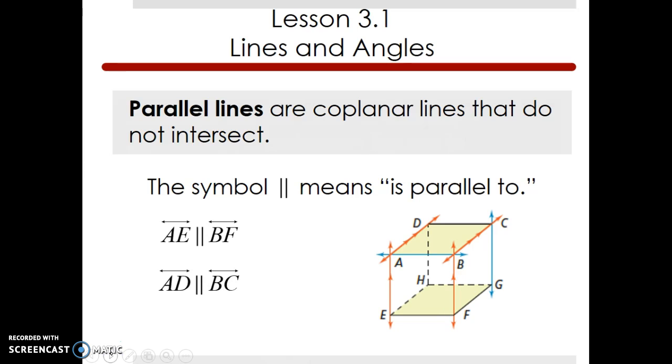So the first definition I want to go over is parallel lines. Parallel lines are coplanar lines that do not intersect. One way I try to remember it is they do not intersect and they go in the same direction.